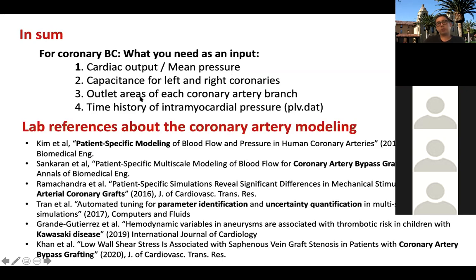And in order to distribute the resistance of the coronary artery, you need to calculate the outlet areas of each coronary artery branch. And then you will need the time history of intramyocardial pressure or the left ventricular pressure. In the SimVascular example project, this is already provided.